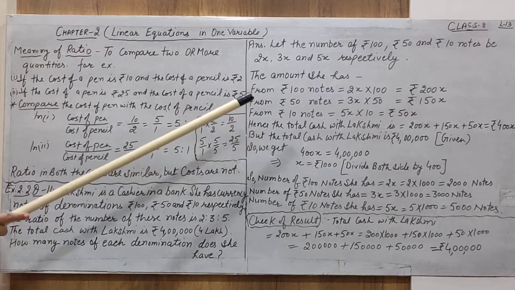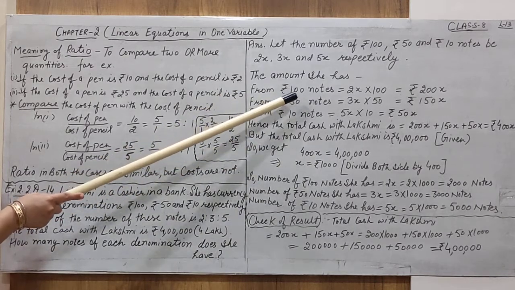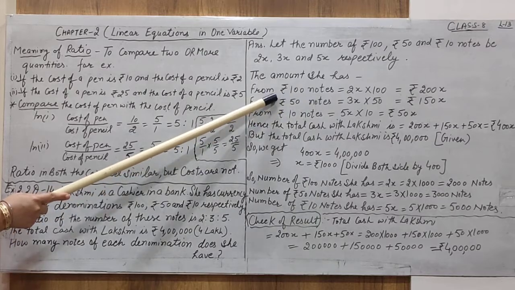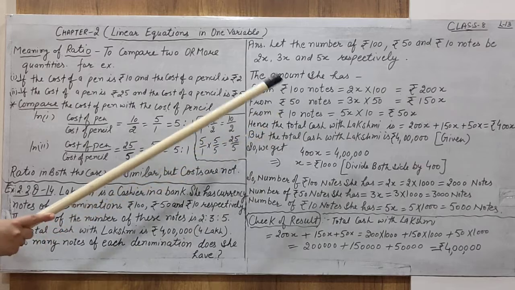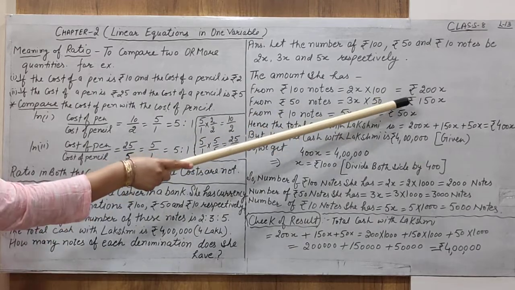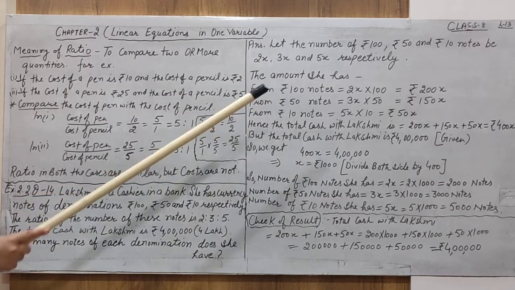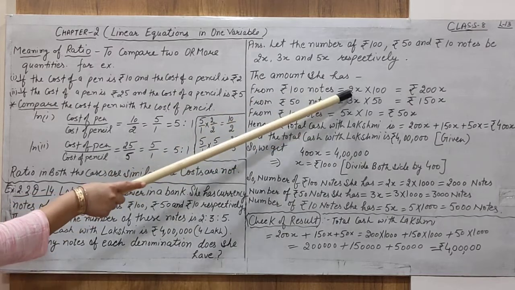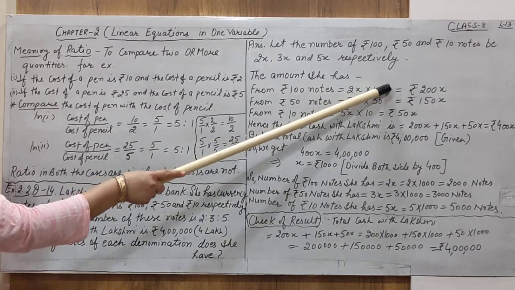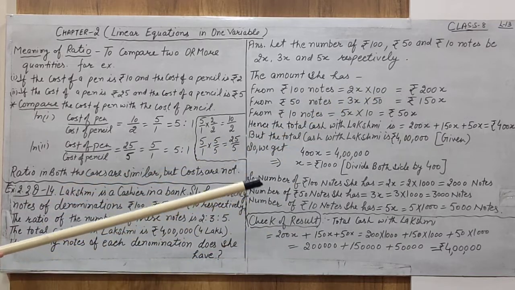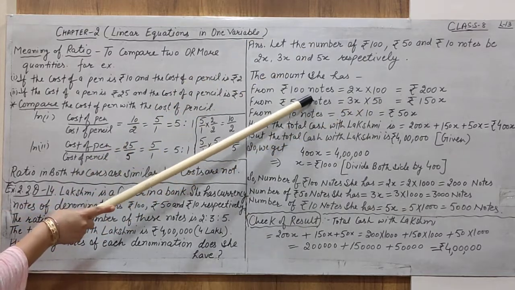To find out the amount, we have to multiply the value, that is the value of one note, 100 rupees, with the number of notes. Only then we can find out the total amount. This is the value of one note, 100 rupees, and these are the total number of notes. So when we multiply these two terms, we get the total amount with the help of 100 rupees note.